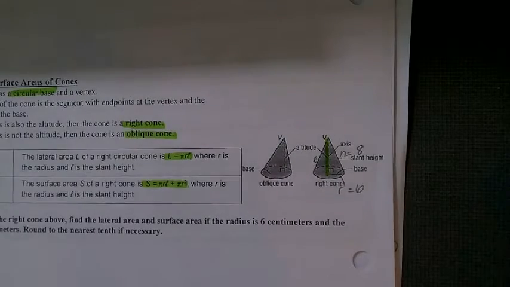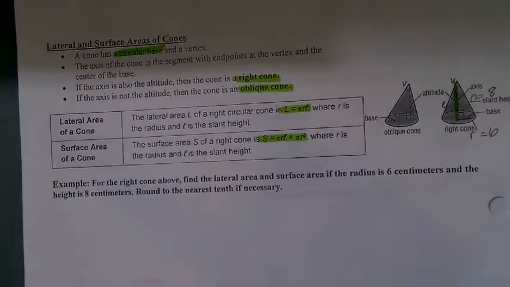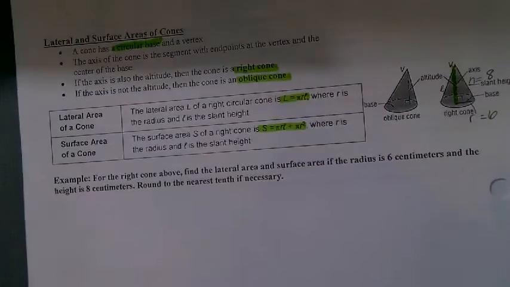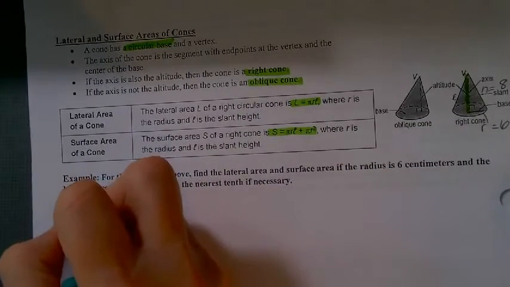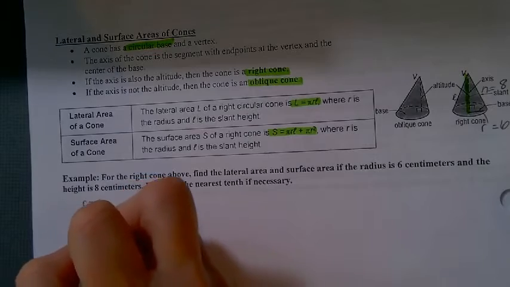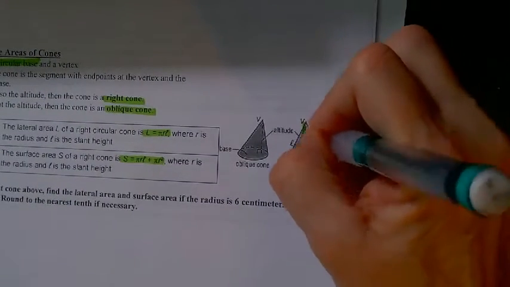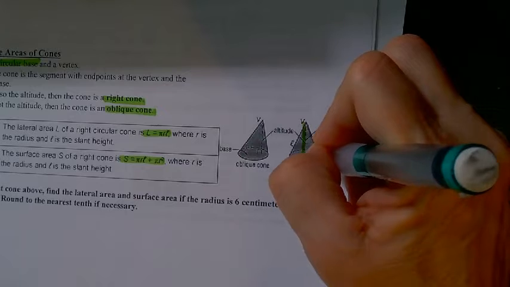So what I want to do, I need the parts of the problem. So I'm going to go ahead and find the slant height. My radius is 6, my height is 8. And so I want to find this slant height right here. So I'm going to use the Pythagorean theorem.